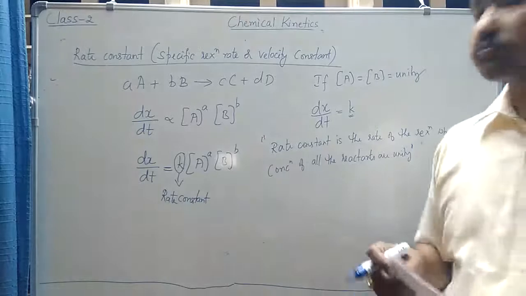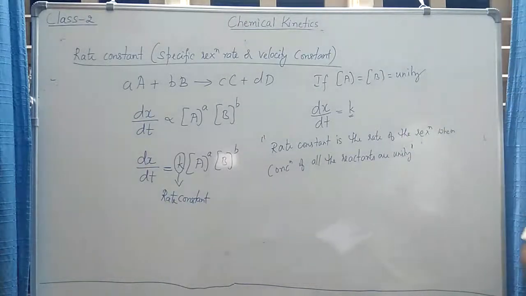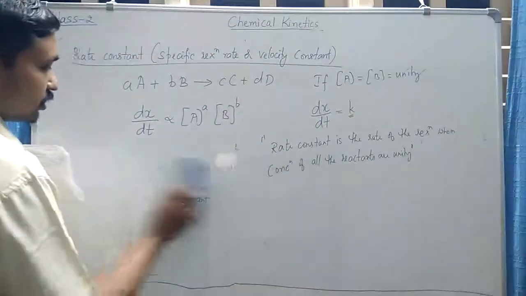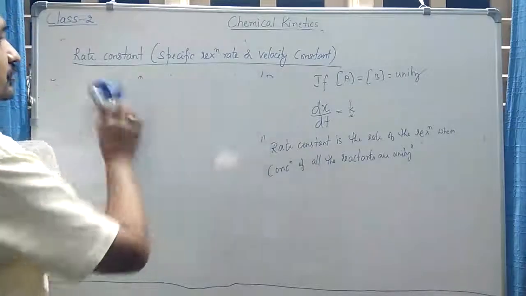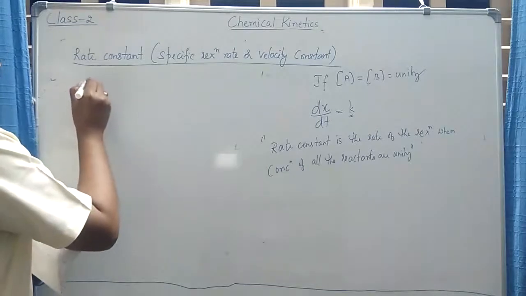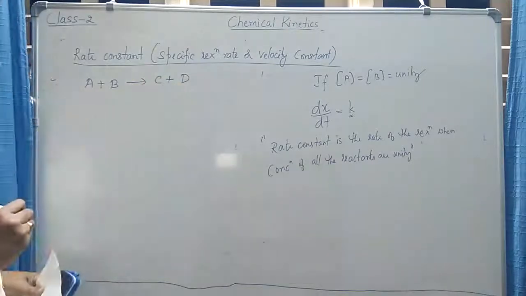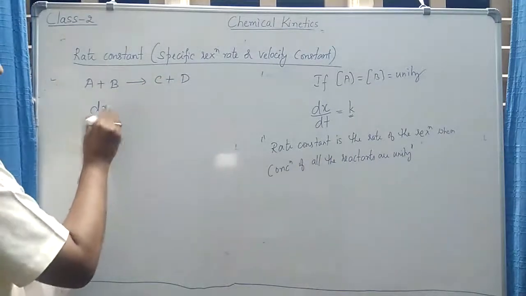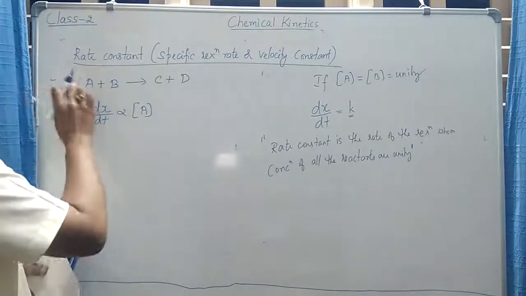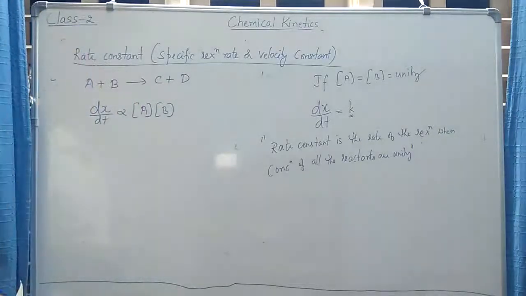Now what is the unit of the rate constant? This is very interesting. Why? Because let us take two examples. Let me take the example of A plus B giving C plus D, a simple reaction. Then how do you write the rate? dx by dt is directly proportional to the concentration of A to the power 1, because the stoichiometric coefficient is 1, into the concentration of B to the power 1.